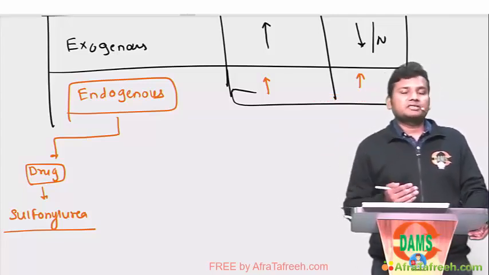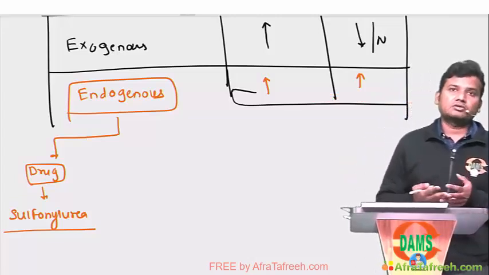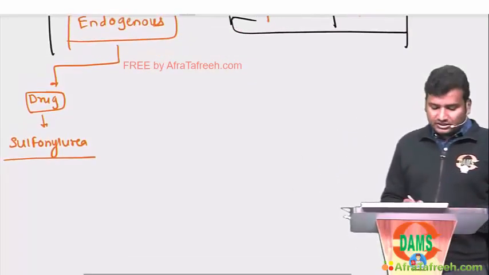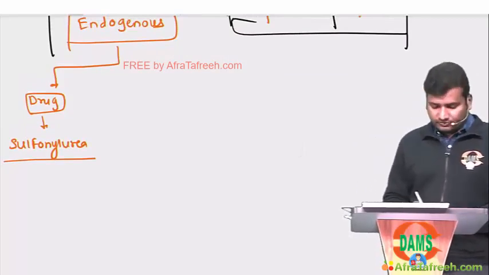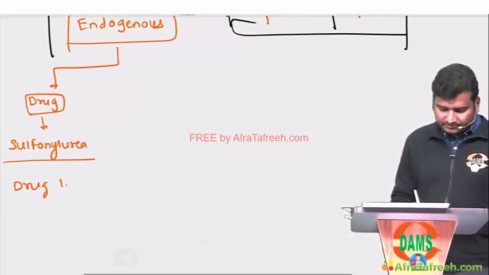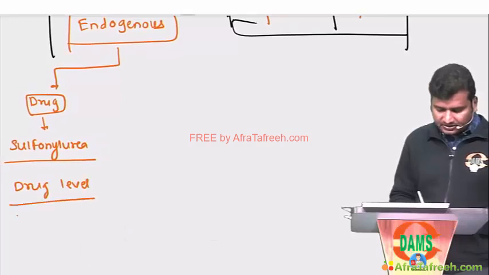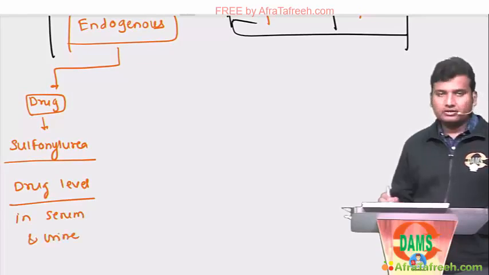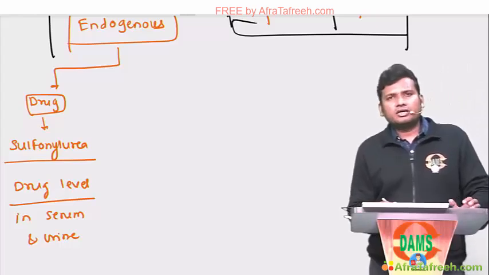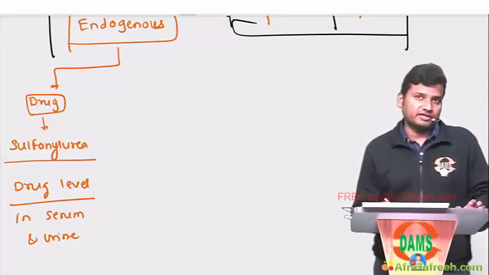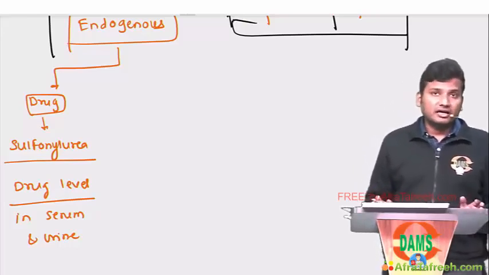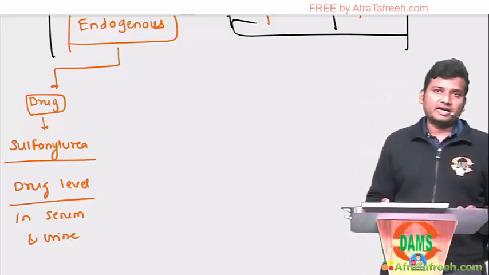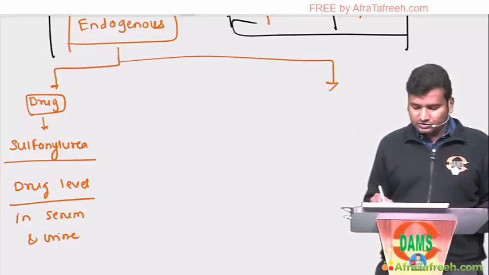And if the patient is not giving proper history, is not conscious and not able to give you the history of drug, then you will check drug levels in serum and urine. Then if the patient has no history of diabetes, no history of any drug, and is developing recurrent hypoglycemia, and reports show insulin is increased with C-peptide, then you will suspect a tumor like insulinoma.